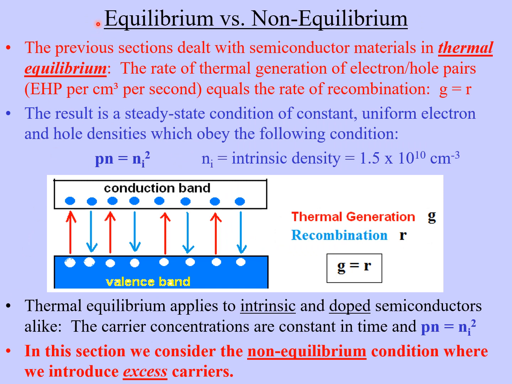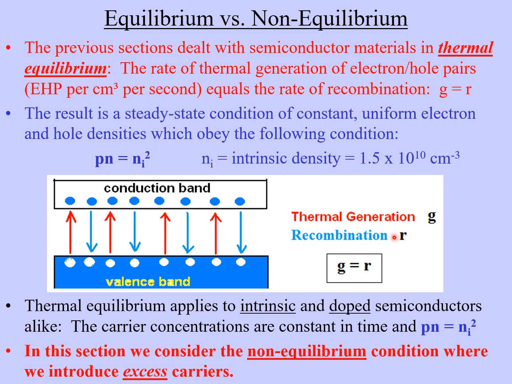Now, everything we've talked about up till now dealt with thermal equilibrium. What we meant by that was that there's a rate of generation, G: electron-hole pairs are being generated, electrons jumping up into the conduction band. And then there's a rate of recombination, the blue arrows, where electrons up here in the conduction band recombine with holes down here, and we lose the electron-hole pair.